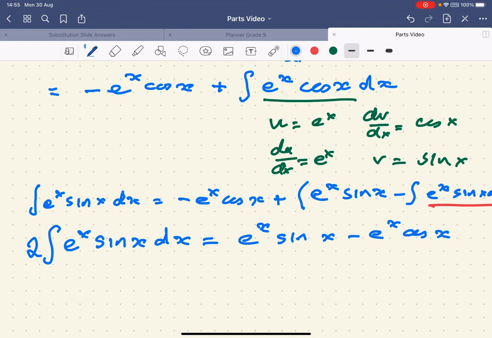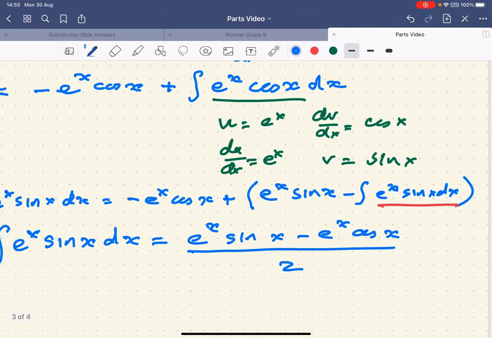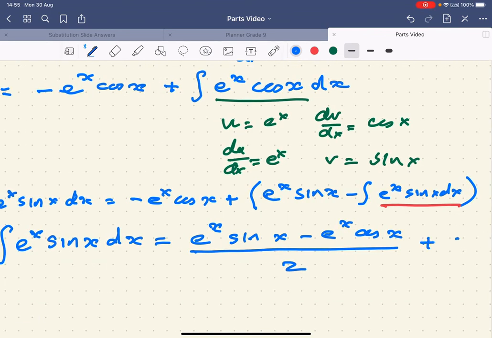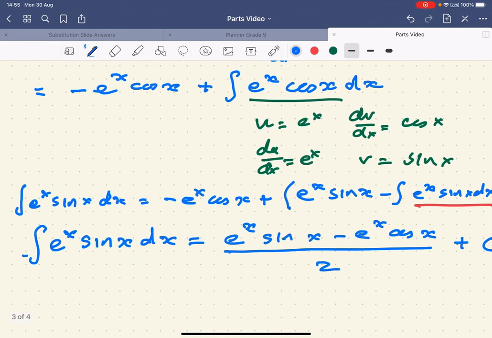So then, because of this 2 here, I don't want to write the whole thing out again, so why don't I divide both sides by 2. So I'm just going to divide both sides by 2, and now add on the constant c, and there's my integral. And this will work for e to the x sine x, or e to the x cos x, or e to the x times 2 sine x.